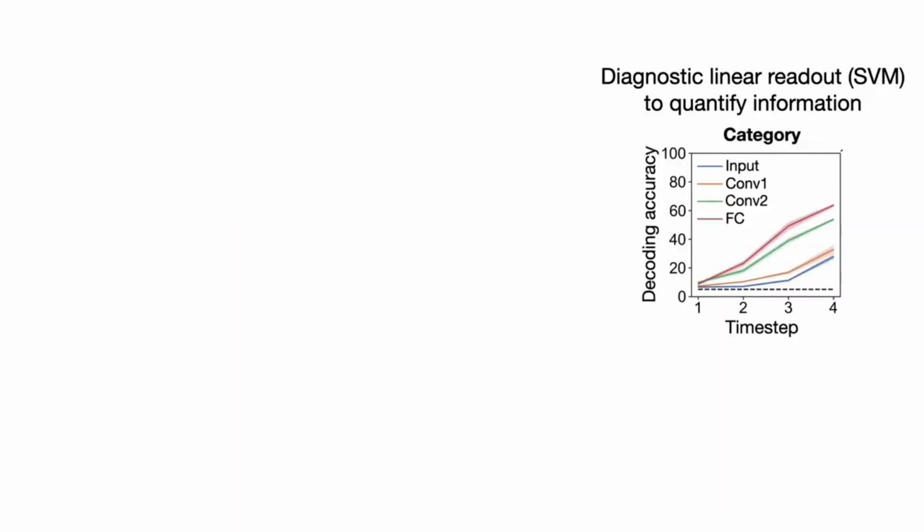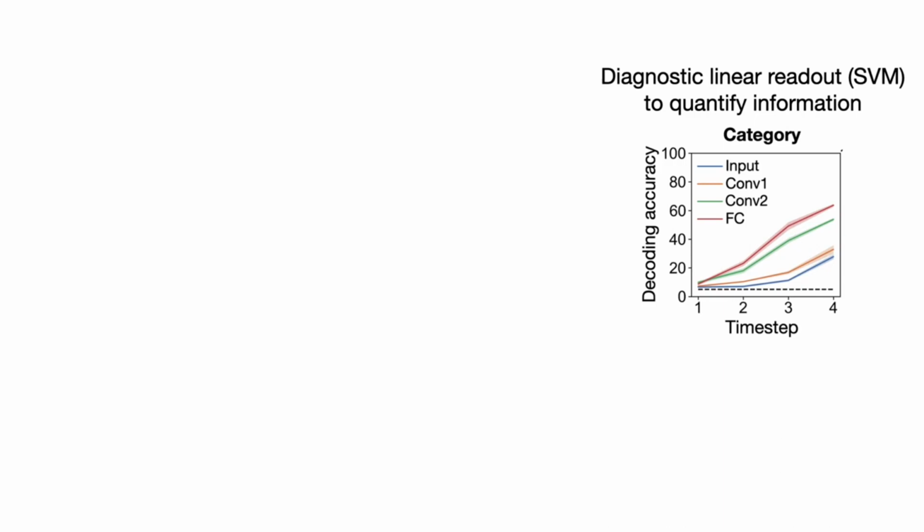The first thing we wanted to see is whether there is information about category and auxiliary variables in the network. So we trained support vector machines to quantify information. If you want to know if there's category information, you train a 20-way SVM on each time step at each layer. What we saw is that for each layer, across time steps, category information increases.